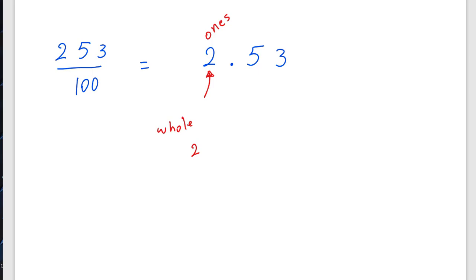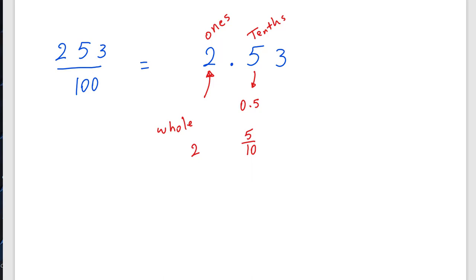And for these, we call them decimals, all decimal digits. We have the first one here after the point, the 5, we call it tenths. And its value is 0.5 or 5 tenths. It's the same.